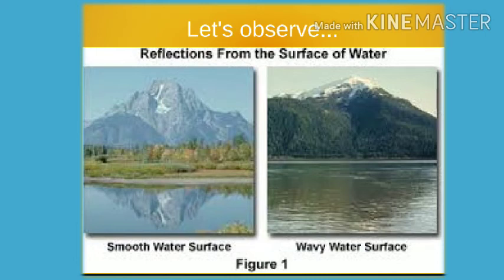In the second one, the water surface is wavy, so there is no clear image formation in the water. So, the reflection of light depends on the surface of the object.